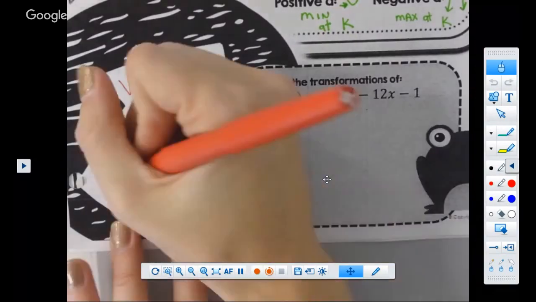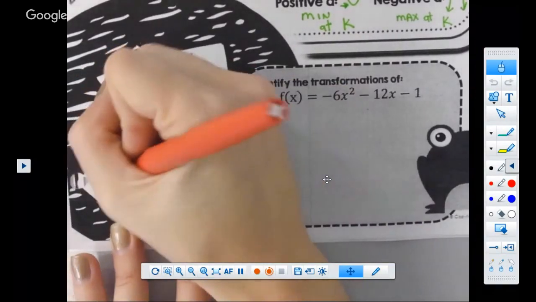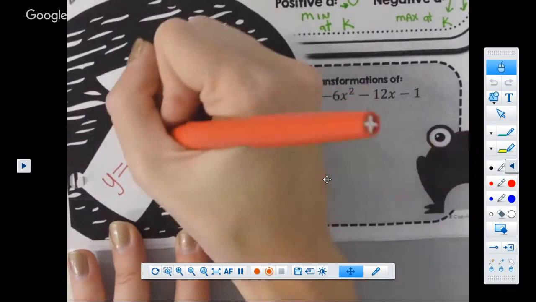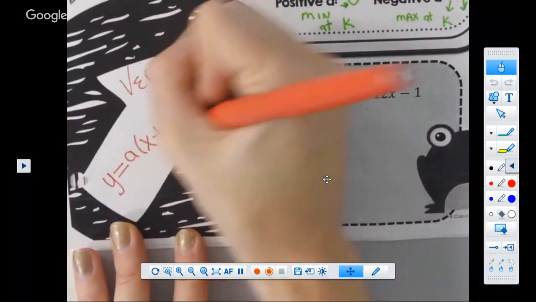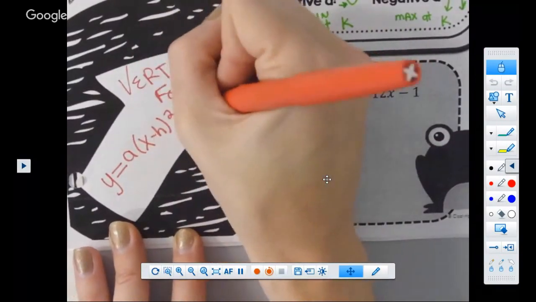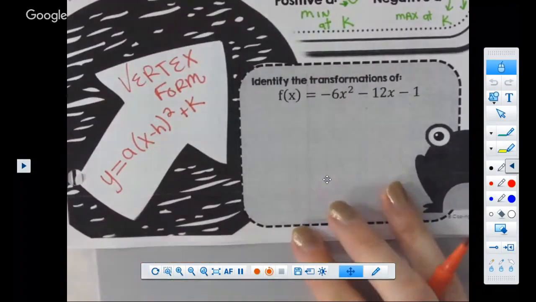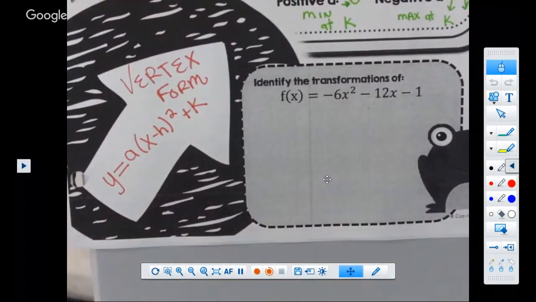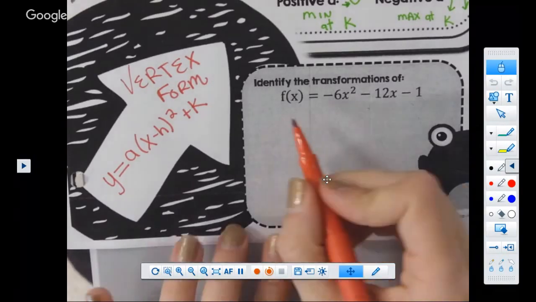Vertex form was y equals a times x minus h squared plus k. Once things are in vertex form, we can talk about flip, stretch, compress, move right, move left. But until we get into vertex form, we can't do that.